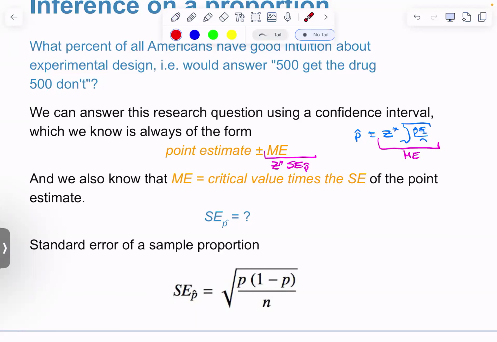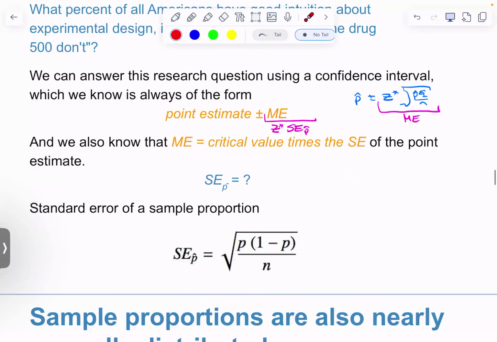We spent a lot of time talking about this already. From the central limit theorem, we know that the standard error of p hat is, ideally, if we know p, the square root of p times 1 minus p over n.